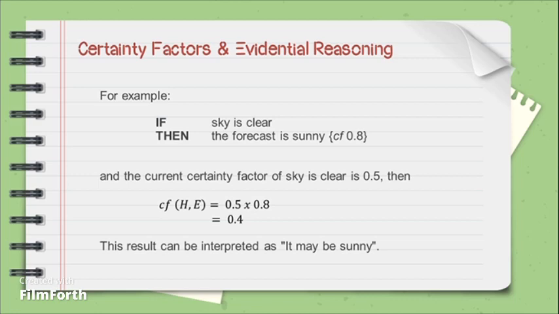So the certainty factor of H given E equals 0.5, which represents the sky is clear, times 0.8 as the certainty factor, so equals 0.4. This result can be interpreted as it may be sunny, so 0.4.